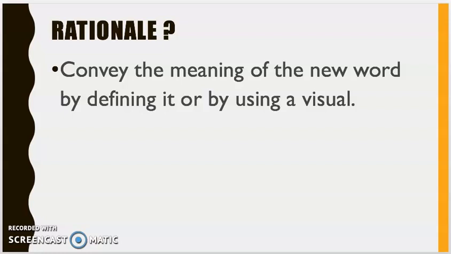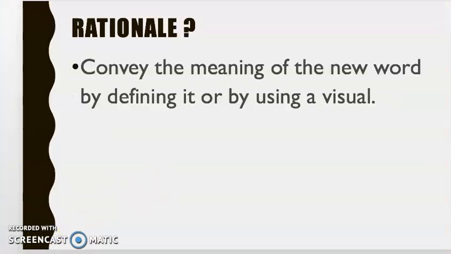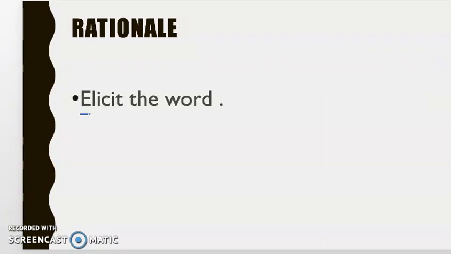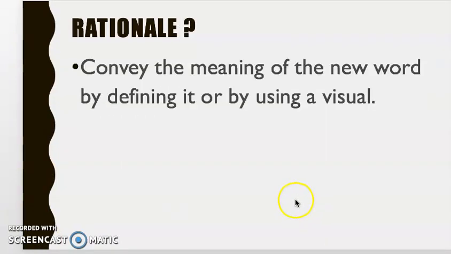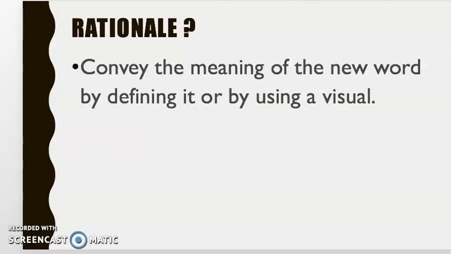Maybe by using a visual, or any other kind of tool that you may have at your disposal, right? And the second step is we need to concept check the meaning of the word. Oops, sorry guys, I think I inverted the order here.